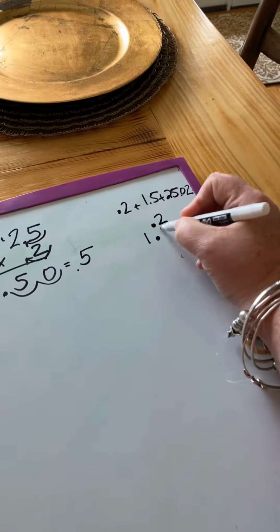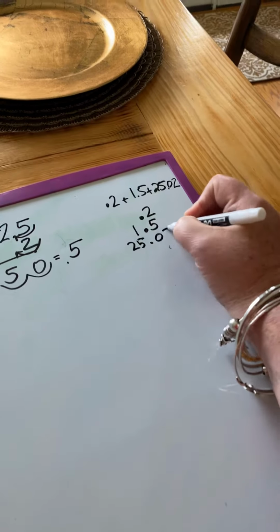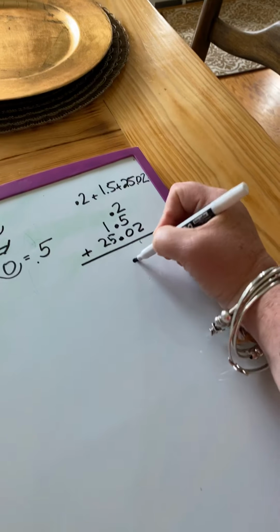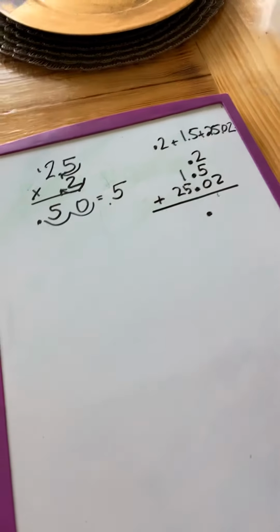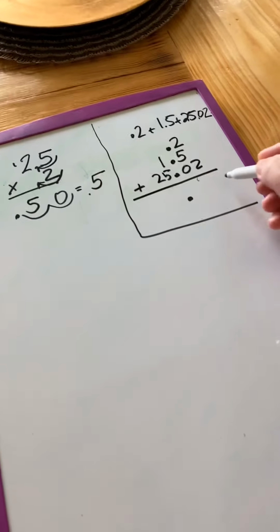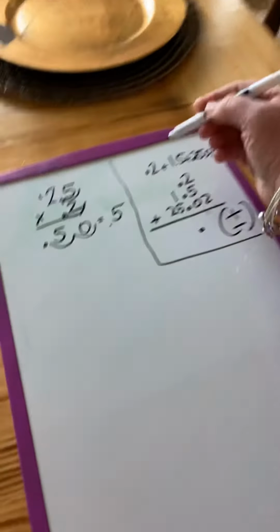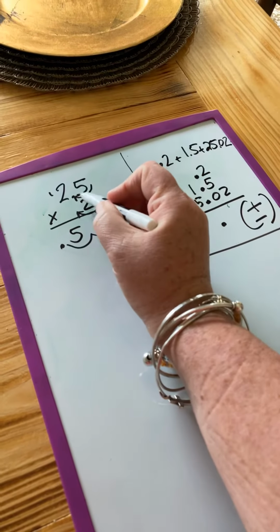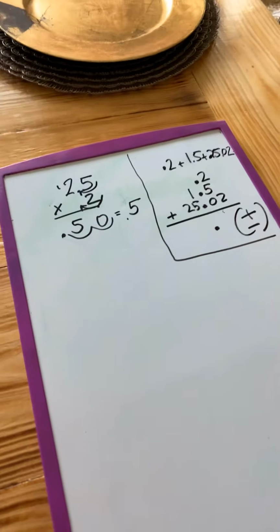And then when you add and subtract, you just bring your decimal down and then do the regular work, okay? So adding and subtracting, you bring the decimal down. Line them up, bring them down. Multiplying, count how many in each factor, and then move that many spaces in the product.